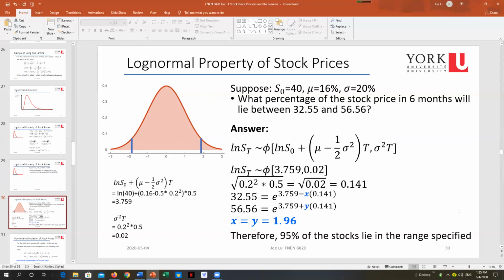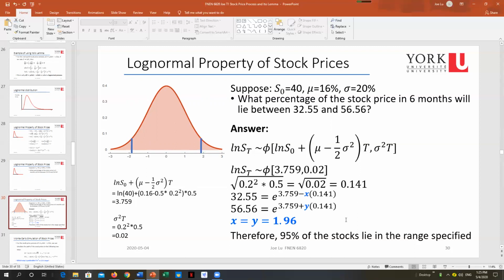And so then you look at the two interval ends here, 32.55 and 56.56. What standard deviation does this represent? If you put it there, 32.55 is equal to e to the power of this 3.759 minus x times 0.141.